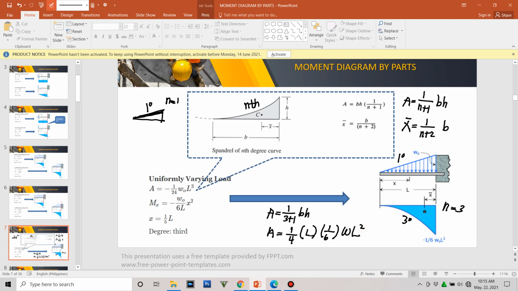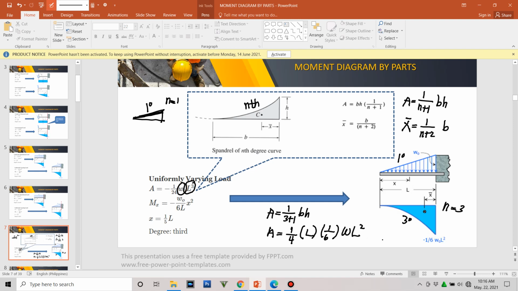So, L times L squared, that is L cubed now. W, the same. And then, 6 times 4, that is 24. So, kaya naging area is equal to negative 1 all over 24 WL cubed.